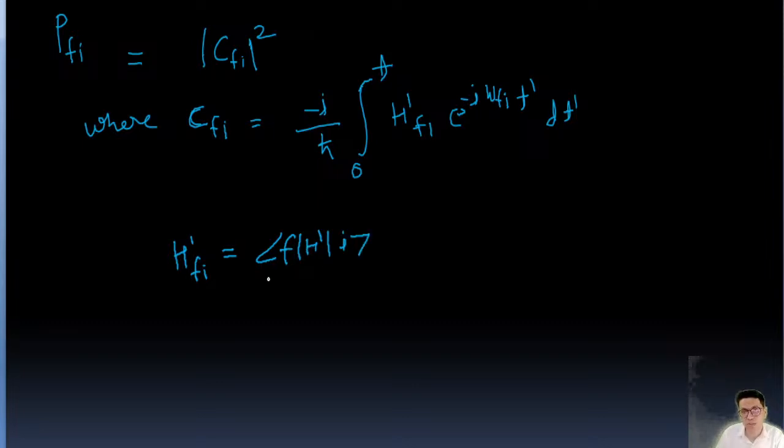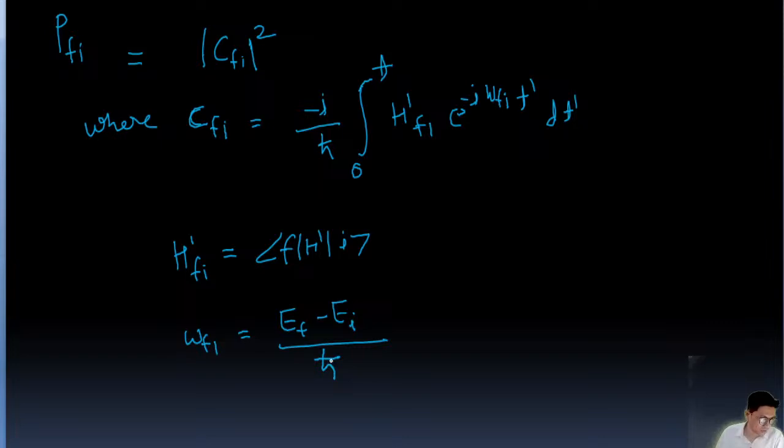So this is the H dash fi value, and omega fi value is Ef minus Ei upon h cut. So this is the value of omega fi.